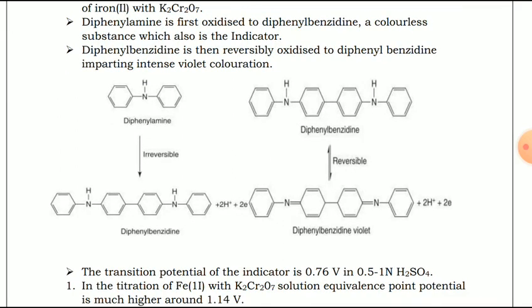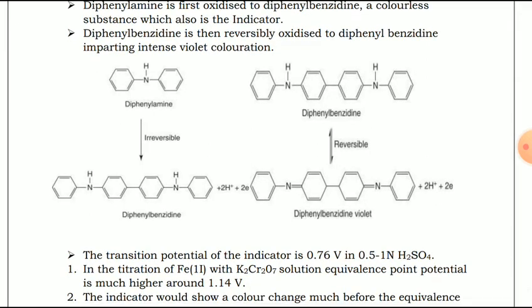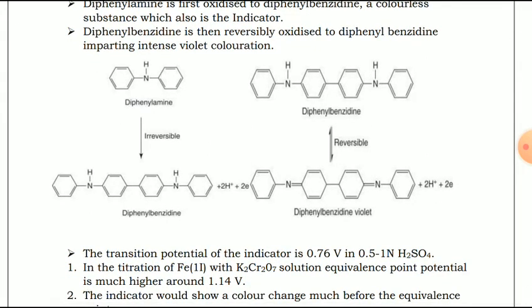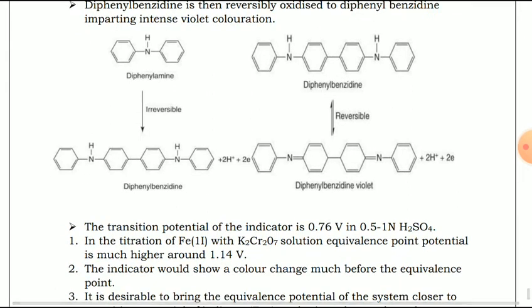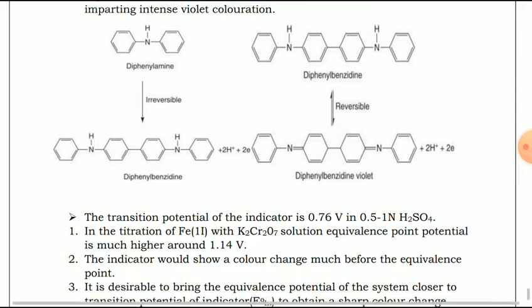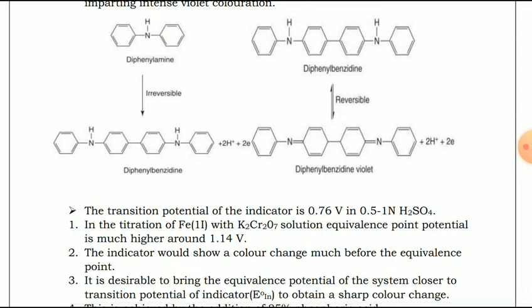The transition potential of the indicator is 0.76 volt in presence of 0.5 to 1 normal H2SO4. In the titration of iron 2 plus with K2Cr2O7 solution, the equivalence point potential is much higher, around 1.14 volt. The indicator would show a color change much before the equivalence point. It is desirable to bring the equivalence point potential of the system closer to the transition potential of the indicator to obtain a sharp color change.